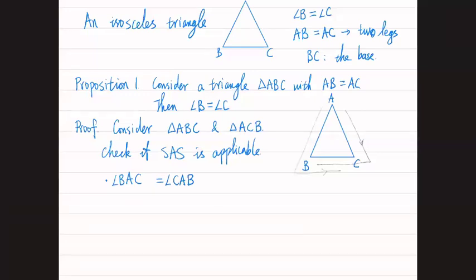Now, one pair of this angle for triangle ABC will be AB. Now, A to A, B to C, the corresponding side will be AC.